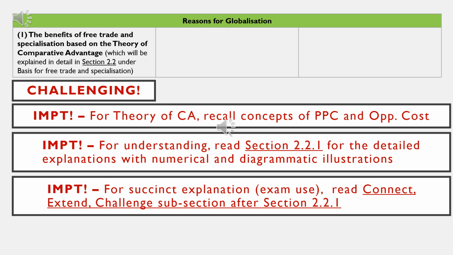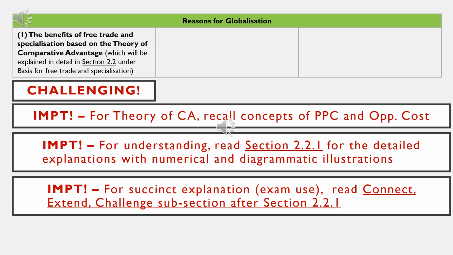Now, in order to master the theory of comparative advantage, you need to spend some time to recall the concepts of PPC and opportunity cost. That is from your microeconomics, your first topic in JC1. Second, for a deep understanding, please read section 2.2.1 for the detailed explanation of the theory of comparative advantage using numerical and diagrammatic illustrations.